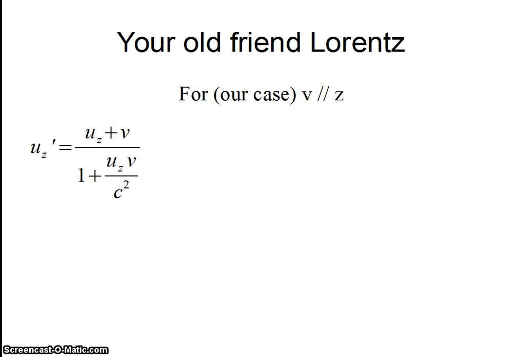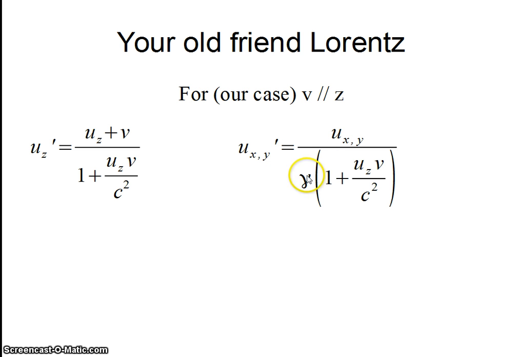So I can look up the formulas I know from modern physics about velocity addition with a Lorentz boost, and I get these formulas along the boost and perpendicular to the boost. When I actually do this, I'm going to treat the perpendicular case, part B, as though it's along x, because I don't care what you label x and y. Remember that for the perpendicular case, there's this factor of gamma of the boost. That's because of time dilation.